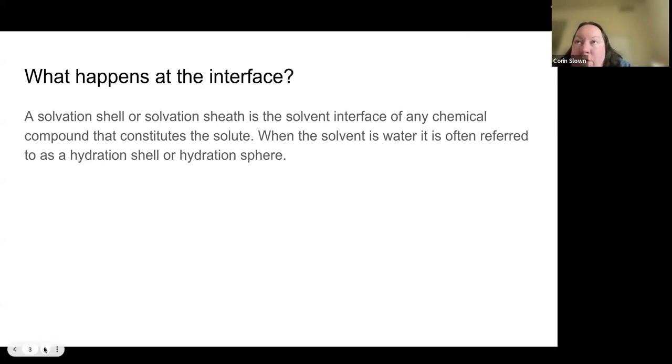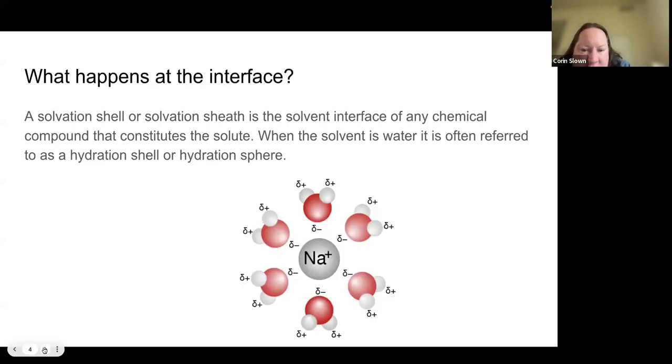It's water functioning as a solvent to surround that solute. And you can see that by thinking about what we talked about last week, which was the partial positive and partial negative charges of a polar molecule like water and the way they orient around ions.